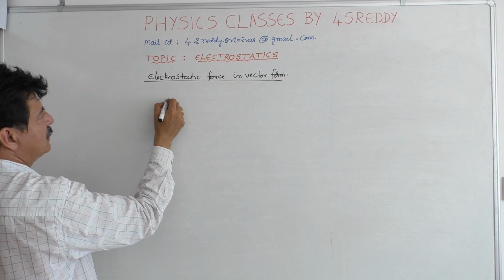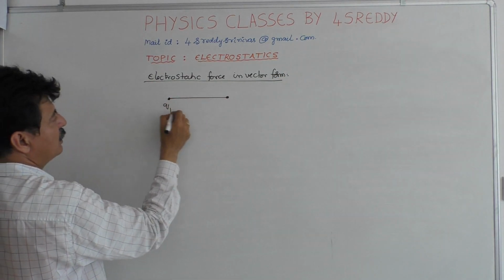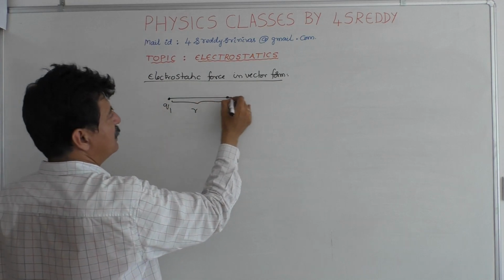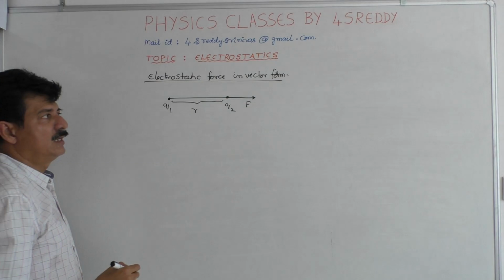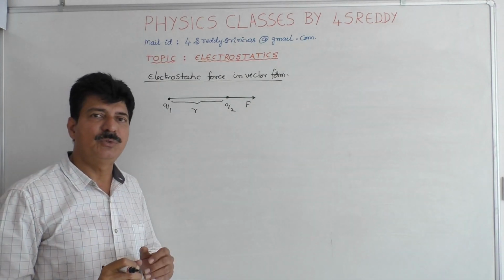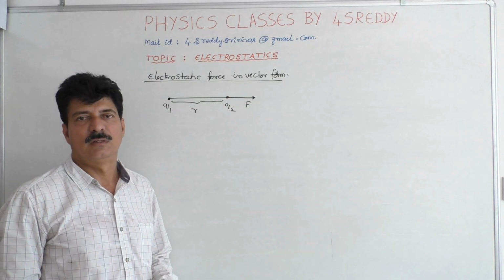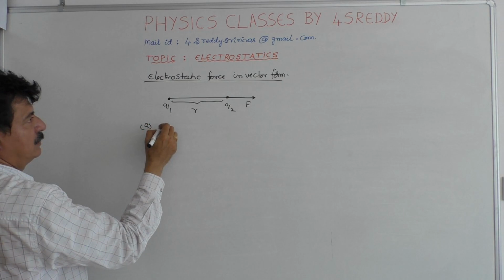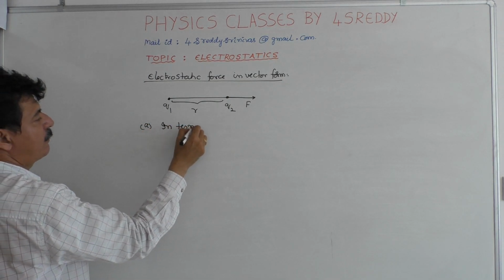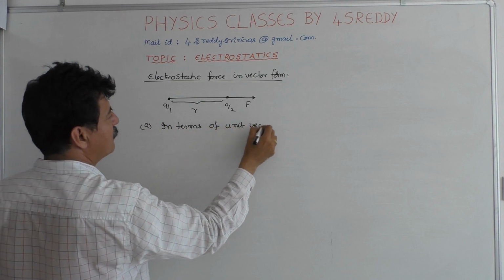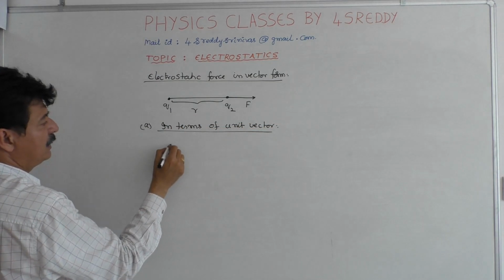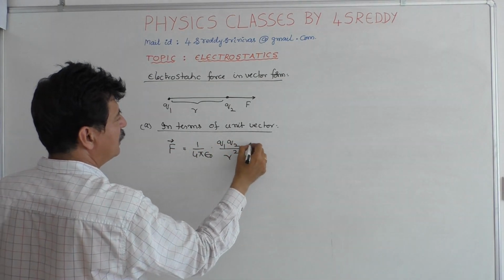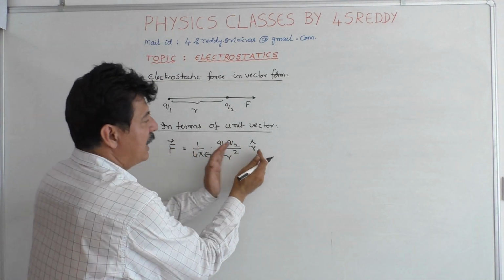Here, consider these two charged bodies. This is Q1 and this is Q2, and these two are separated by distance R. The force exerted by this on this is taken as F. A scalar quantity multiplied with a unit vector in the direction gives the vector form. So F bar is equal to 1 by 4 pi epsilon naught Q1 Q2 by R square, which is the entire scalar quantity, multiplied with the unit vector.